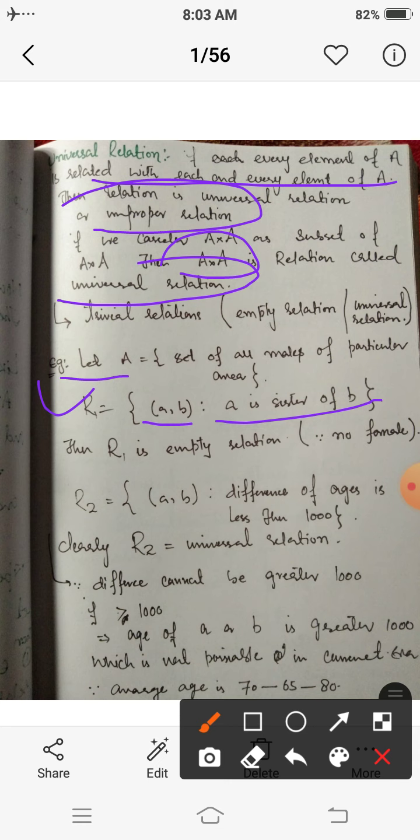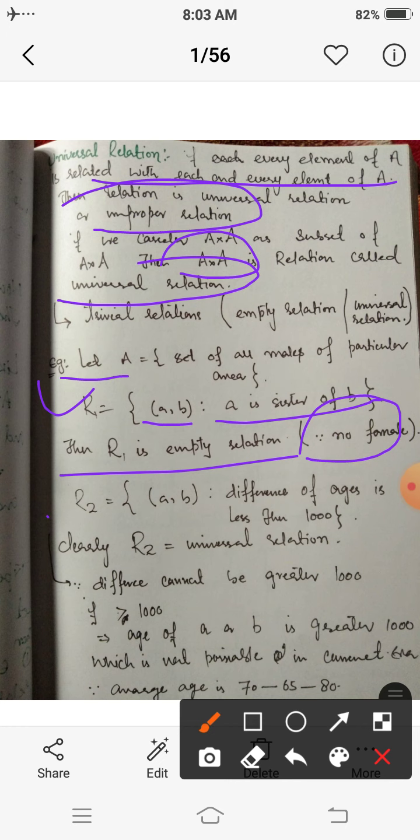Then clearly R1 is the empty relation because it does not contain any ordered pair. We consider A as the set of all males of a particular society, so there does not exist a sister relation between any two males, as there is no female in this area. So R1 is the empty relation.